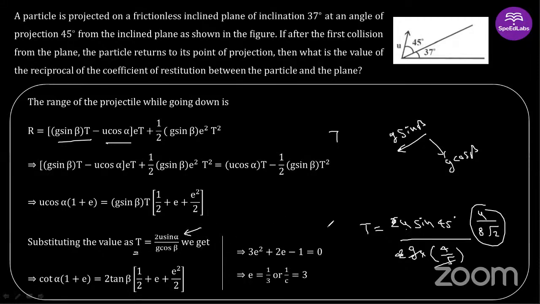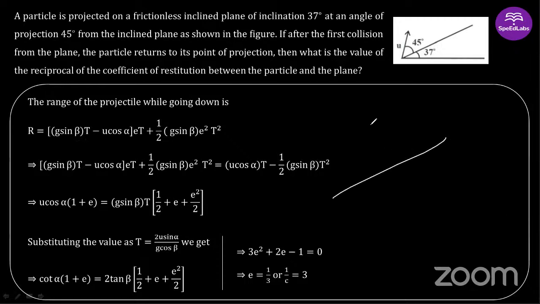2u sine alpha by g. Okay, I think we did some mistake. One second, I got my mistake. This acceleration was 6, this was 8, and this was u by root 2, and I was finding v is equal to u plus at, so minus 8t, and from here t is nothing but u by 8 root 2.